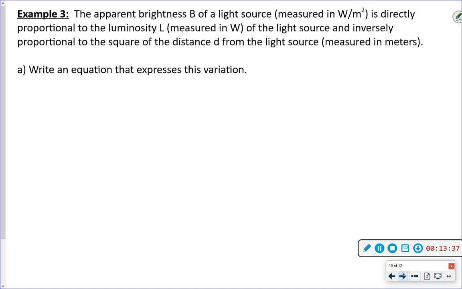Okay. So the apparent brightness, B, of a light source is directly proportional to the luminosity. So I'm going to start with that for my equation. So the apparent brightness, B, is directly proportional, so product, to the luminosity.